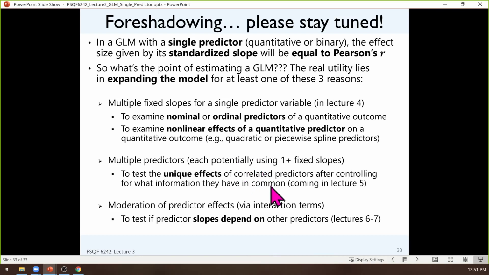Lecture 5 and example 5 then is adding multiple predictors at the same time. So what is known colloquially as multiple linear regression, where the goal is to see to what extent each predictor contributes uniquely after controlling for what they have in common. And then wrapping up the end of the semester is going to examine models for moderation.